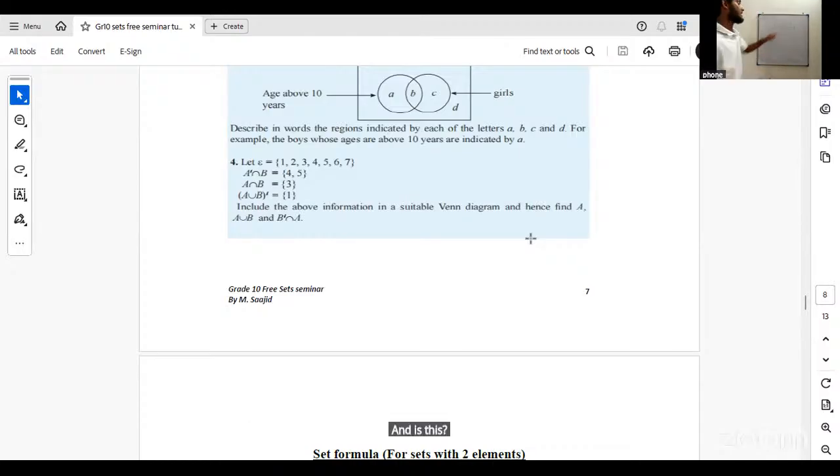So A dash intersecting B is this part. What is this part? 4 and 5. This part is 4 and 5.